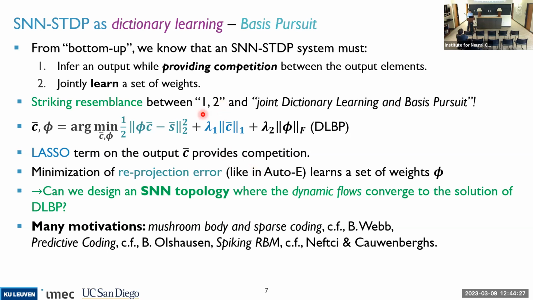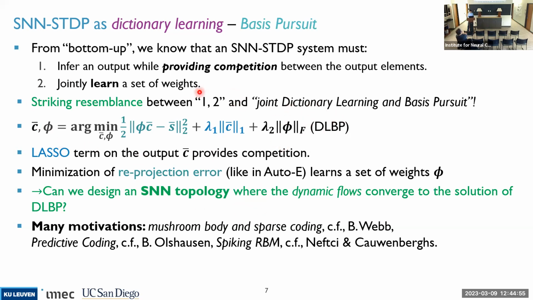At the same time that it is doing this inference, it is also learning the weights phi through this minimization, which is akin to a dictionary learning problem. And so the question then becomes, can we design an SNN topology and architecture where the dynamics of the outputs and the weights converge to a solution of this problem?